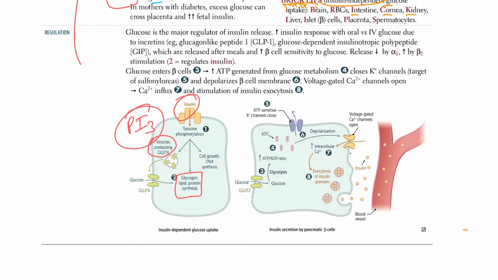Important, okay? So through PI3K, the phosphoinositide 3 kinase pathway, it's going to cause vesicles to go up on the surface, and it's going to cause protein synthesis and glycogen synthesis. Okay. And one other high yield point is how it causes glycogen synthesis: it stimulates an enzyme known as protein phosphatase.